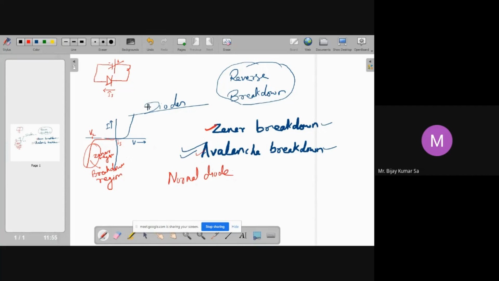For a normal diode, this current is too much. Suppose this is a normal diode, and you have biased it so that the voltage across it is Vz. In that case, if this is a very low value resistance, the current will be too much in the reverse direction.